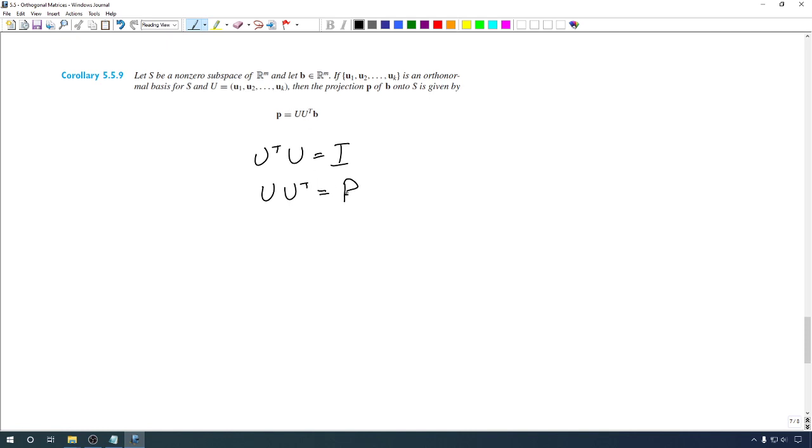So we can call this capital P. It's the projection matrix onto the column space of U, because that's what the span of the columns of U is.